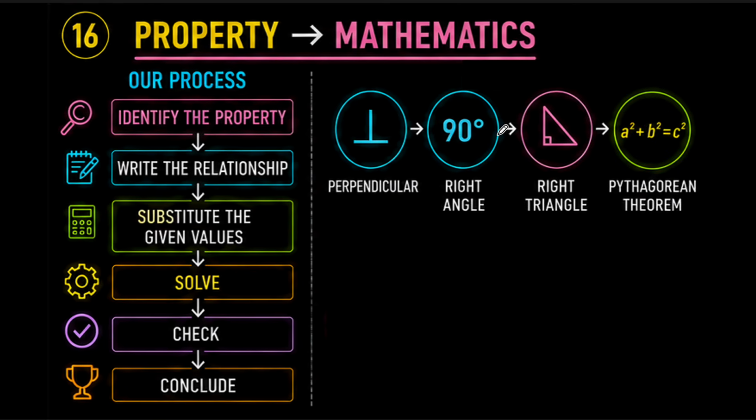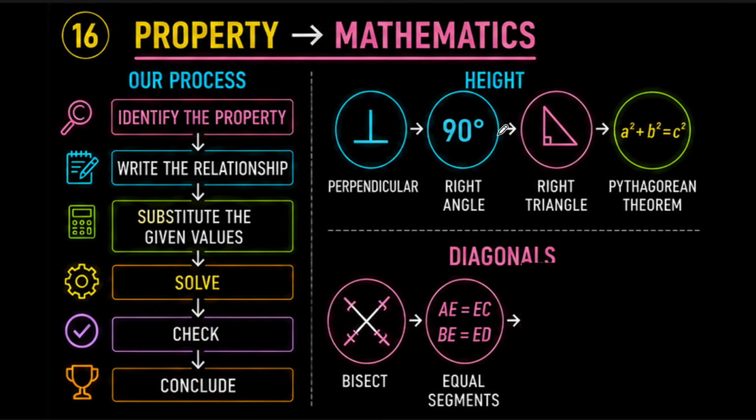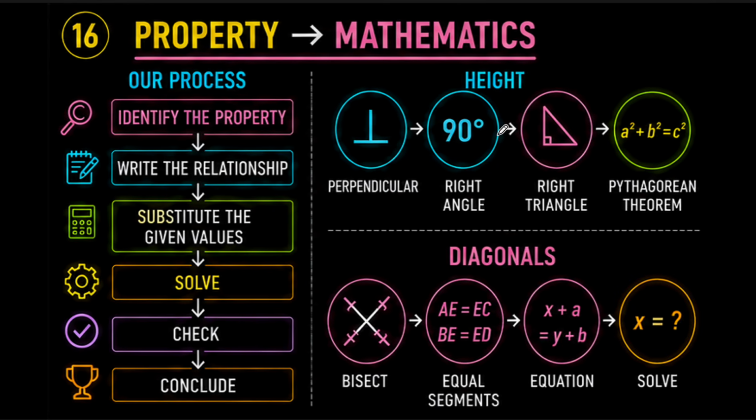Tapos, ito yung Pythagorean theorem to use for the right triangle. And then, for the diagonals, we have the bisect. We have this equal segments equation, and you have to solve for the missing value. Okay? So, that's how we understand that.